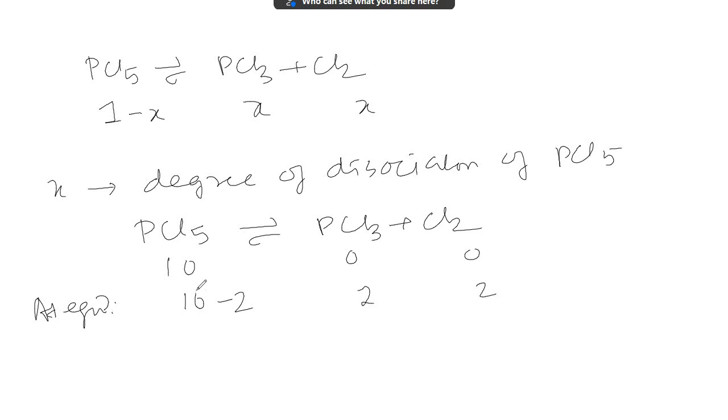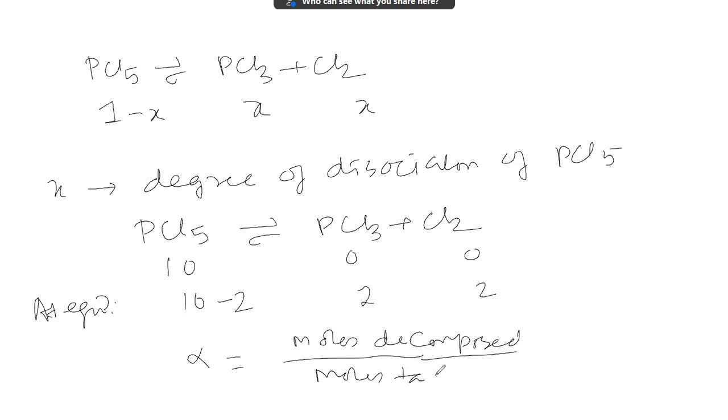So the degree of dissociation, denoted by alpha, is equal to moles decomposed over moles taken. It will be 2 by 10 is equal to 0.2. So 0.2 stands for the degree of dissociation in this case.